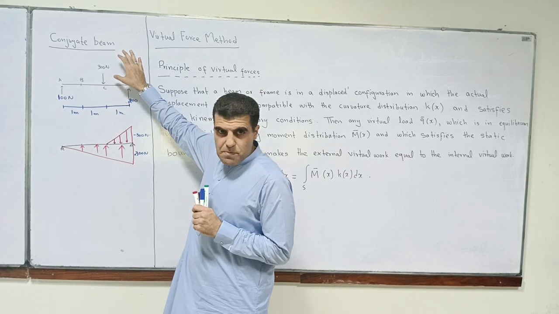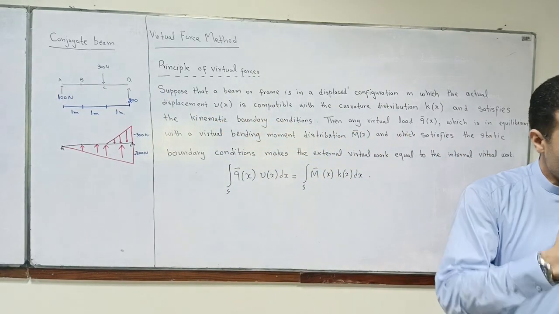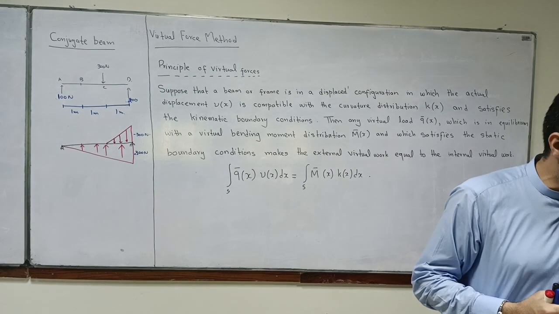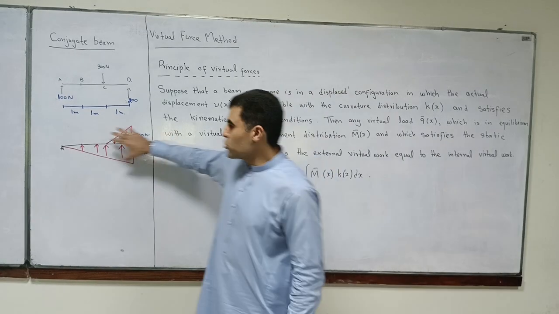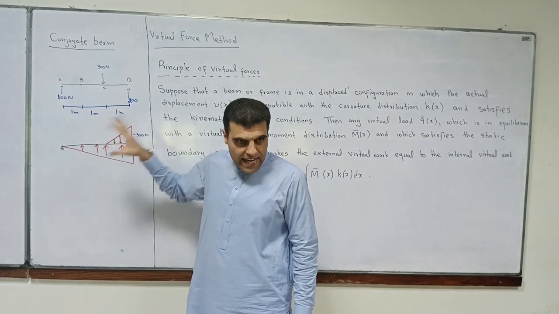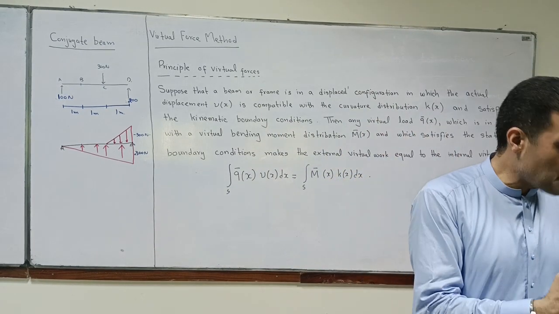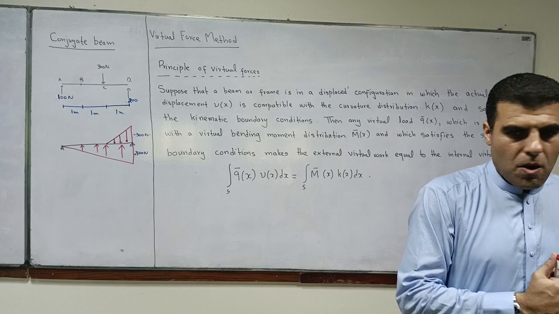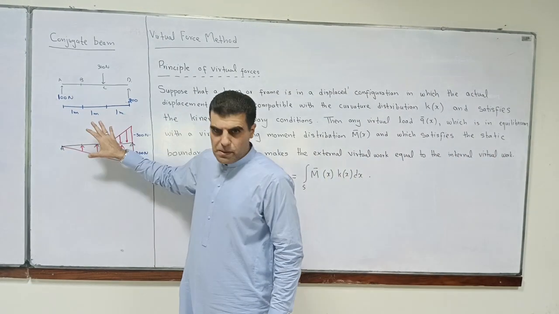In the conjugate beam method, you have a virtual, unreal, fictitious beam which is subject to the actual bending moments of a structure. You apply the real bending moments on a beam, and that assembly is called a conjugate beam.